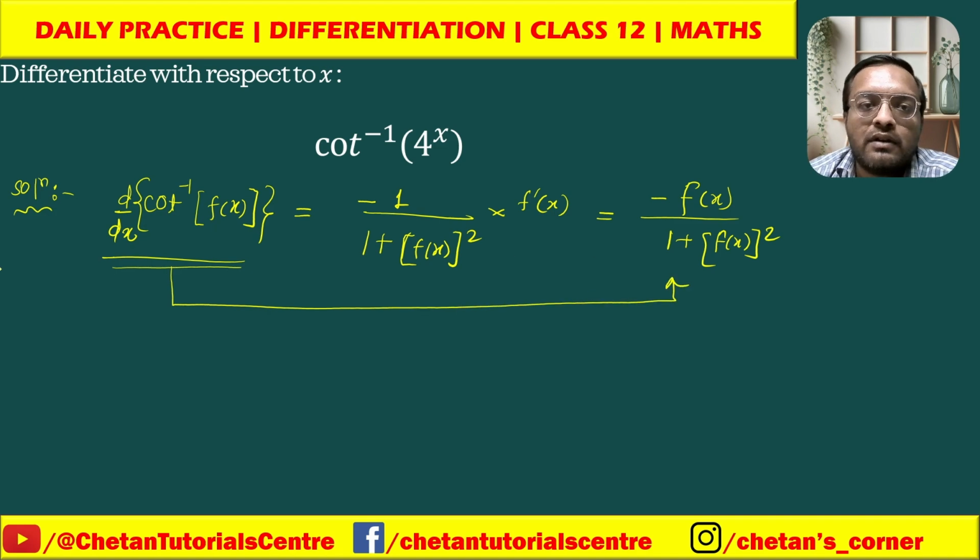Now we have to use this formula to differentiate this given inverse trigonometric composite function of cot inverse. Now if I compare this cot inverse of f of x with cot inverse of 4 raised to x, then what I will get?